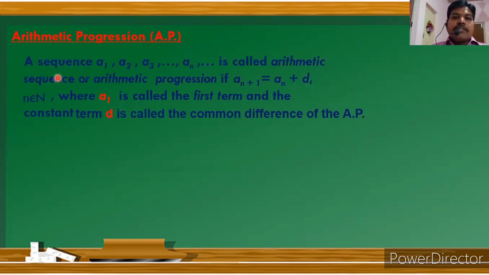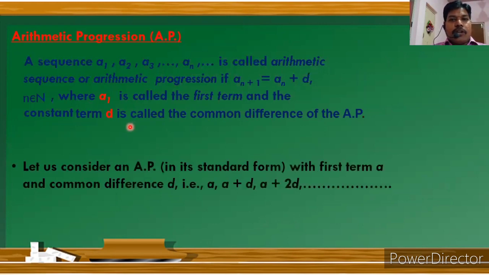A sequence a1, a2, a3 and so on is called an arithmetic progression if a(n+1) is equal to an plus d, where a1 is the first term and d is the common difference.